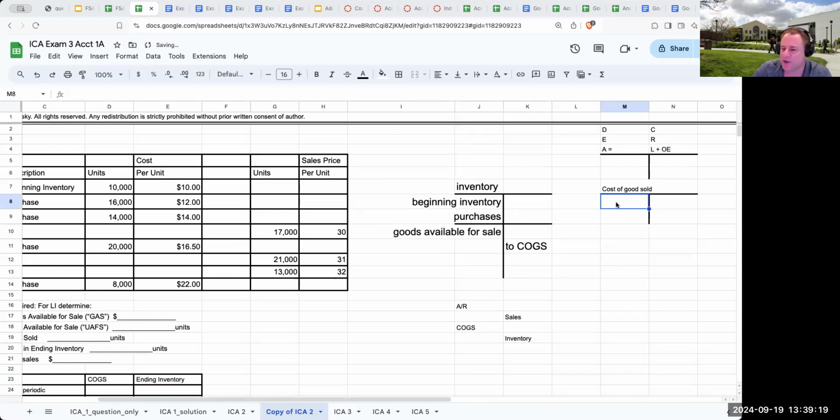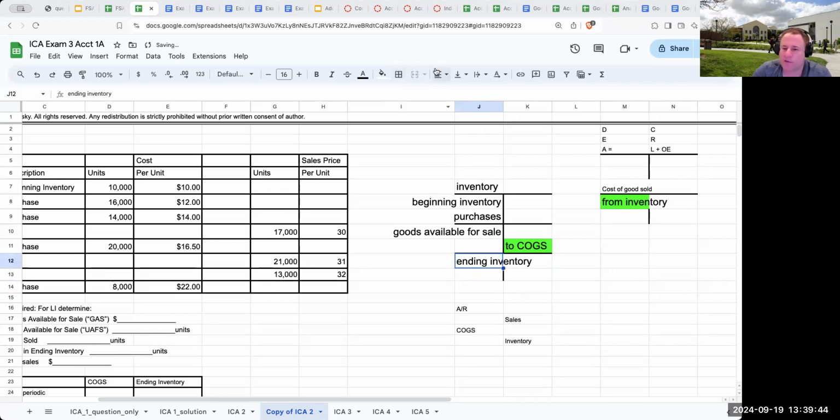So I'm debiting cost of goods sold and crediting inventory, effectively decreasing my inventory and increasing my cost of goods sold. And when I subtract cost of goods sold from goods available for sale, this is going to give me the value of my ending inventory.